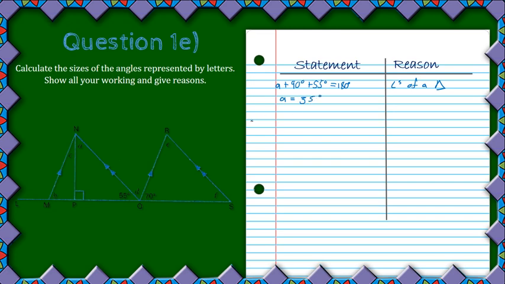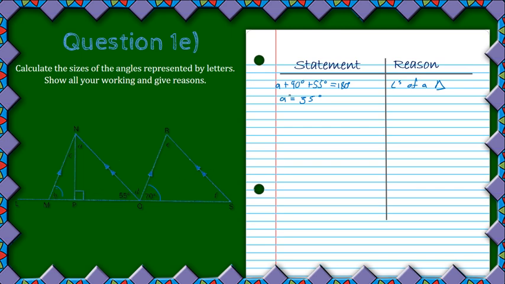All right, now moving on to B. B is over here, and let's just look at everything that's given. We are given that this MN is parallel to RQ, and also we're given that NQ is parallel to RS. So perhaps we can use that somewhere, because if I look at these two angles over here, they are corresponding.